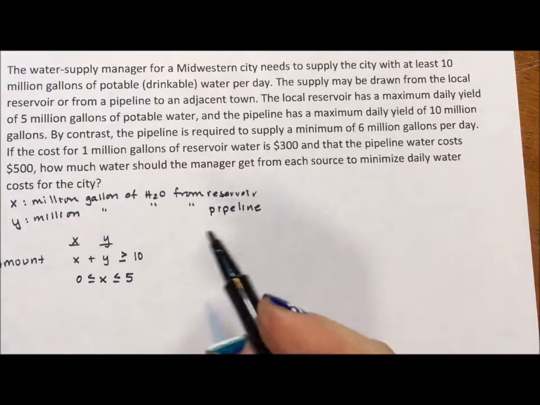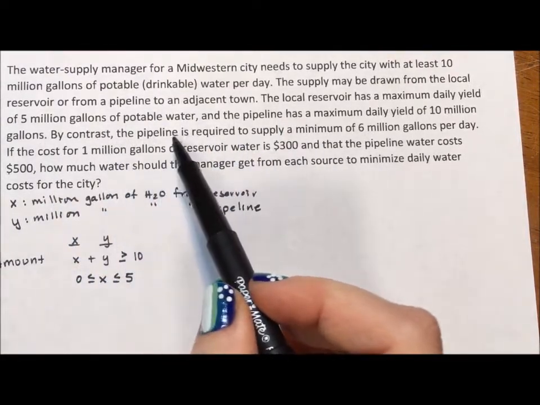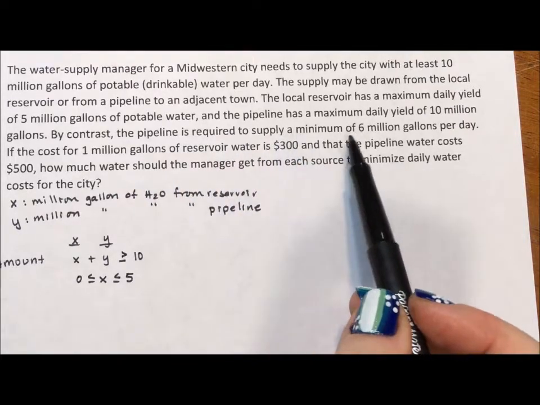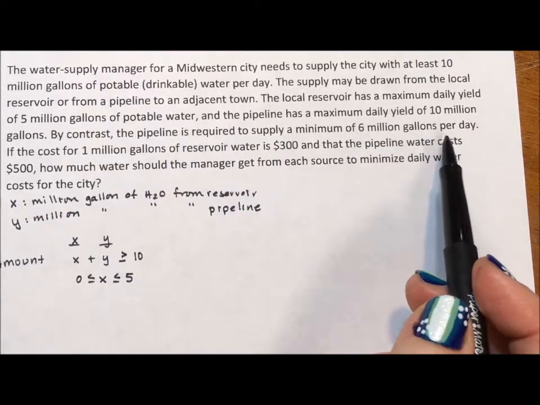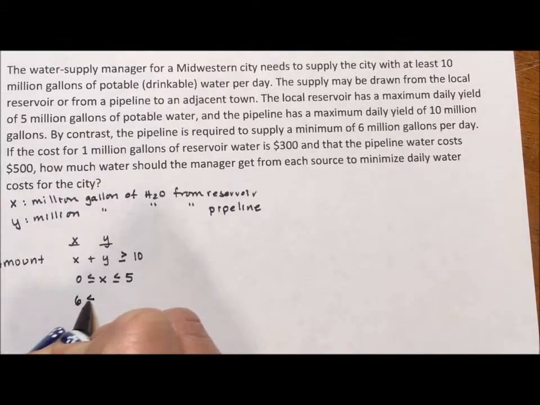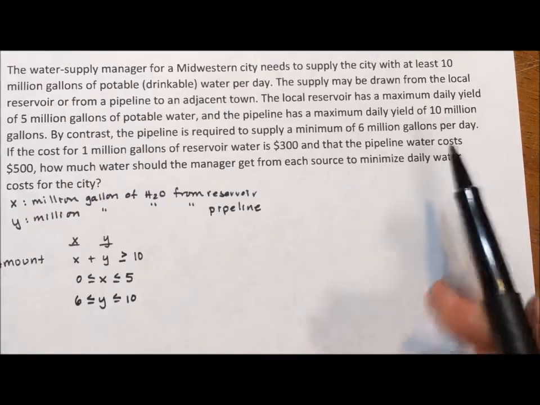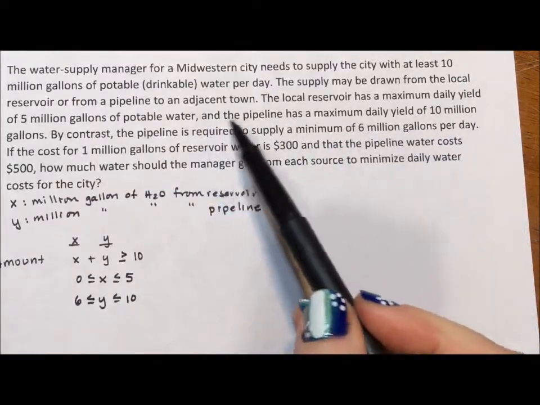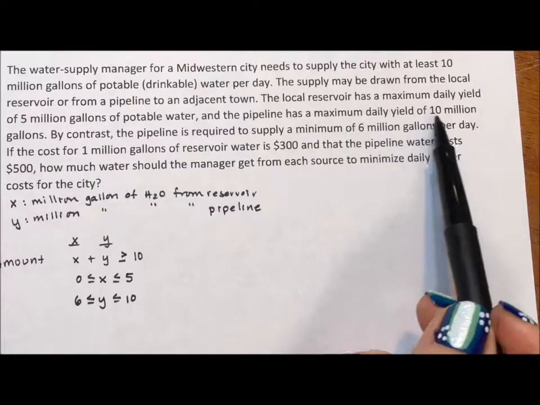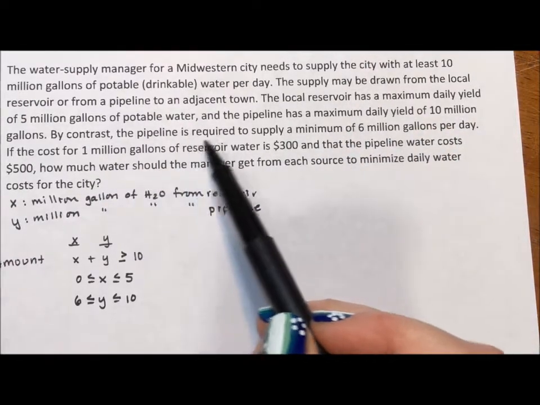And then it tells us that, by contrast, the pipeline is required to supply a minimum of 6 million gallons per day. So that means a minimum of 6, it has to be between 6 and 10. The pipeline has a maximum daily yield of 10. By contrast, the pipeline is required 6.